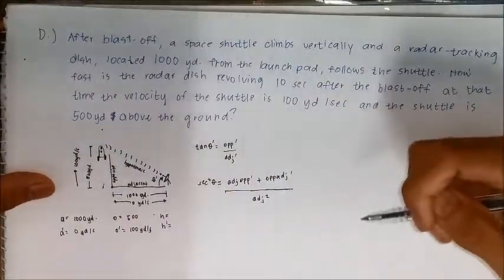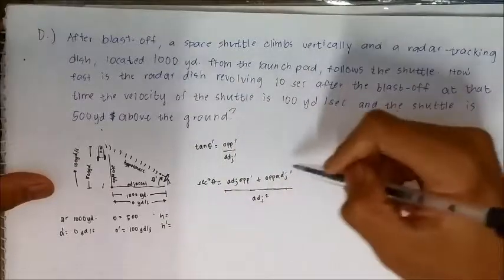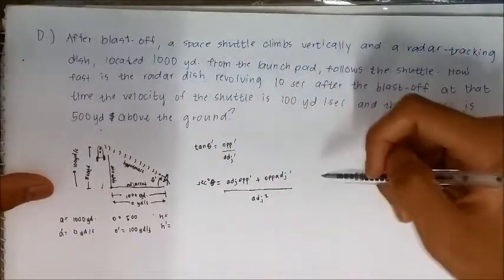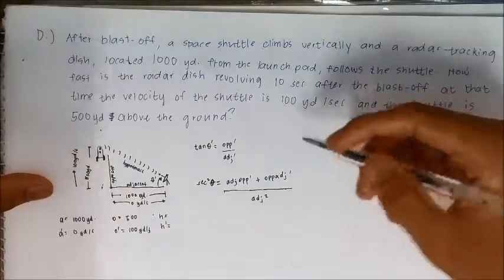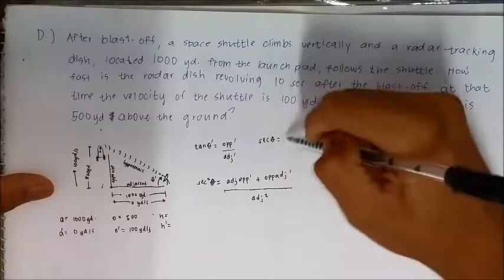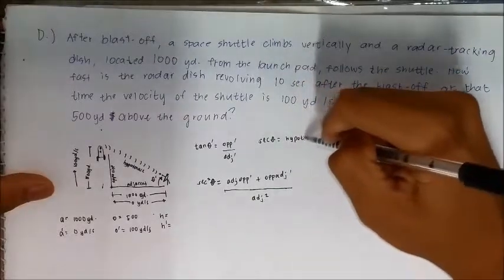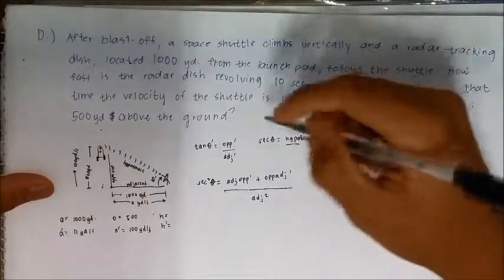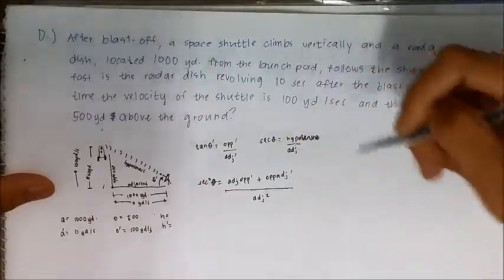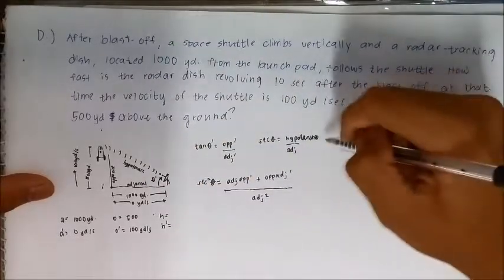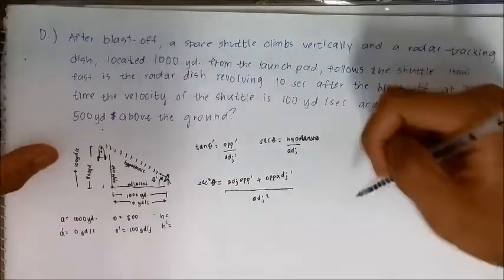Okay, so now we have this. This is the main formula in which we'll find the angle. We're looking for the angle. But what is secant squared? Well, secant is equal to hypotenuse over adjacent. We do not have the hypotenuse yet, therefore we're going to look for it.